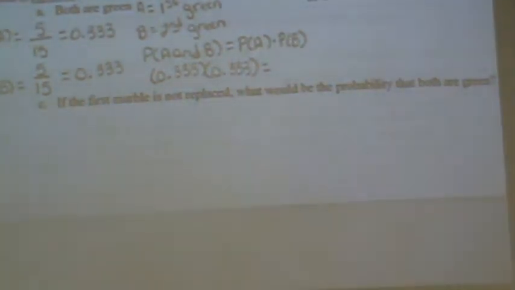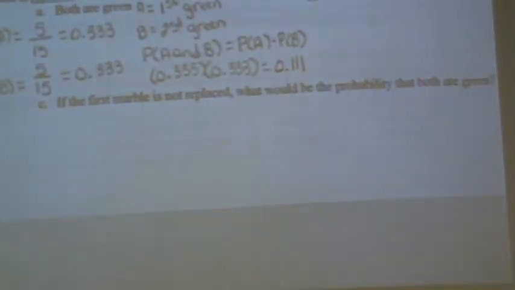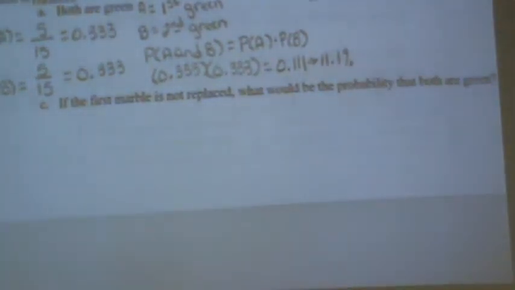When we multiply that out, we get 0.111. And if you make that a percentage, it's 11.1%. So there's an 11.1% chance of picking a green marble and then picking a green marble again.